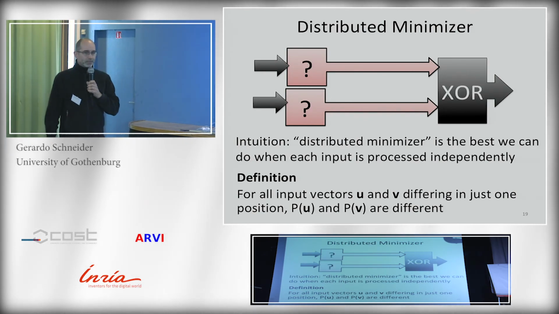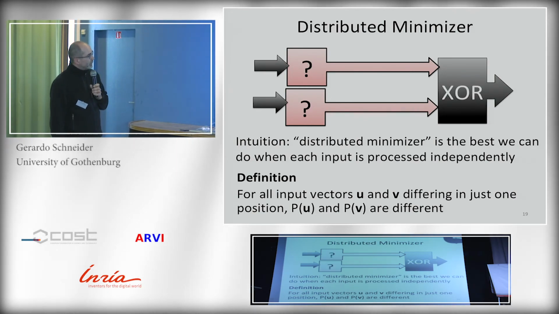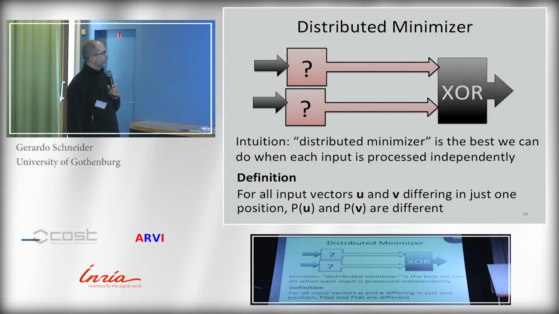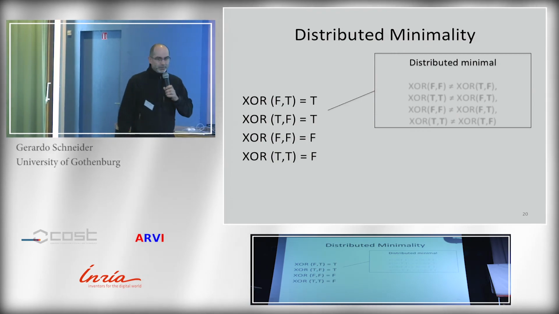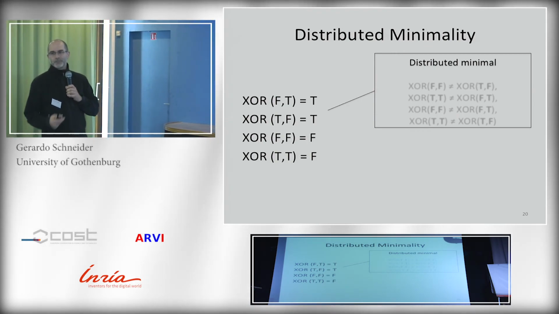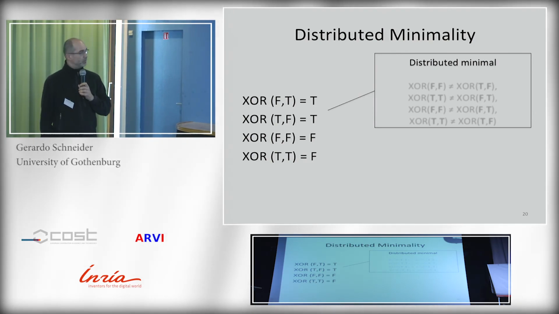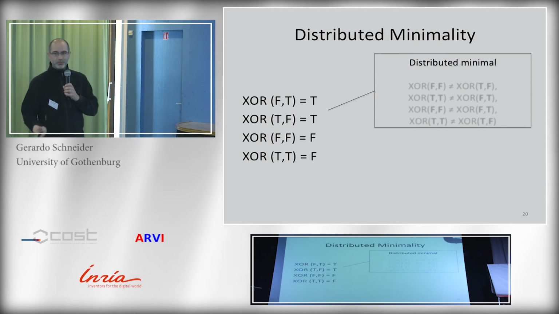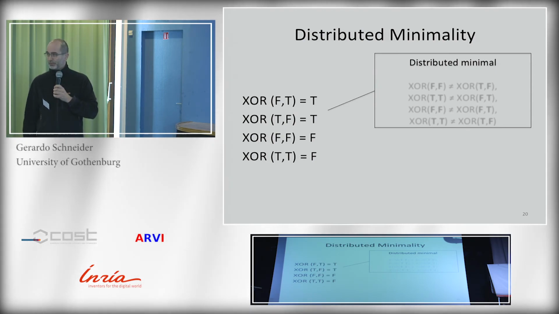Okay, let's take an example. A very simple function, XOR. All of you know this function. Is it distributed minimal according to this definition? To check that, in this case it's easy because there are a finite number of possible cases.